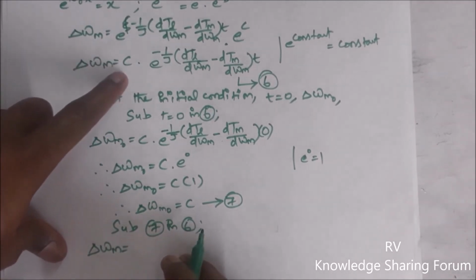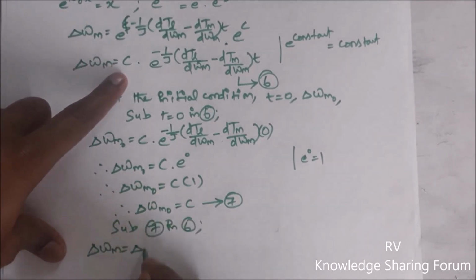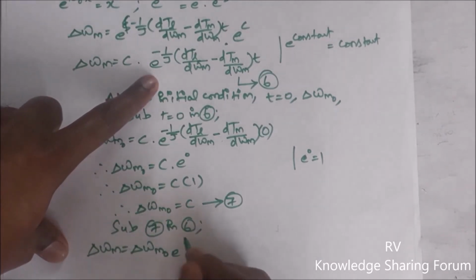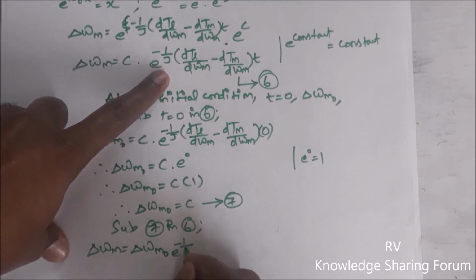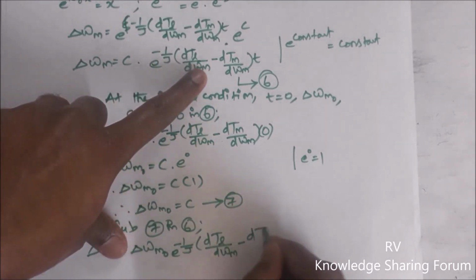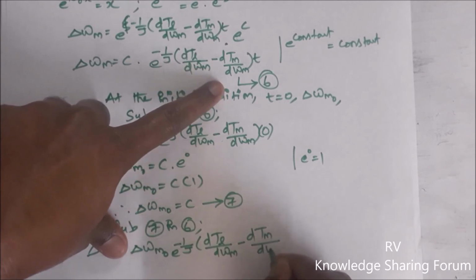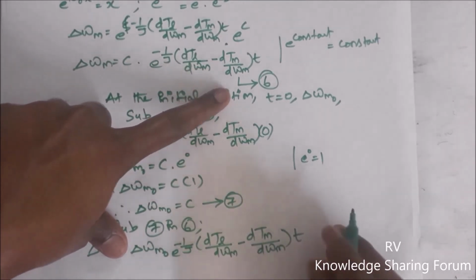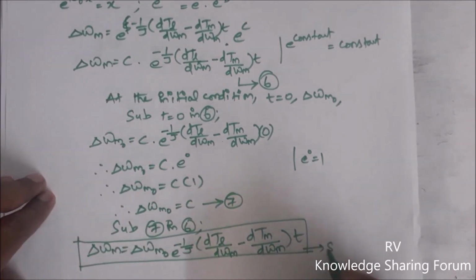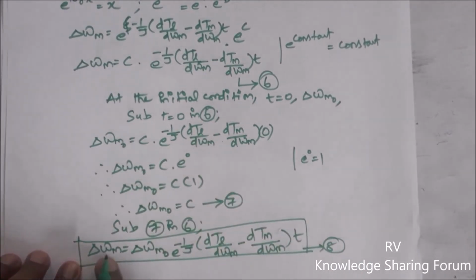Delta omega m is equal to, instead of c, you have to substitute delta omega m naught, into the exponential, that means e to the power of minus 1 by j dtl by d omega m minus dtm by d omega m into t. So this is our 8th equation, which is nothing but the change in speed which we are trying to find out ultimately.